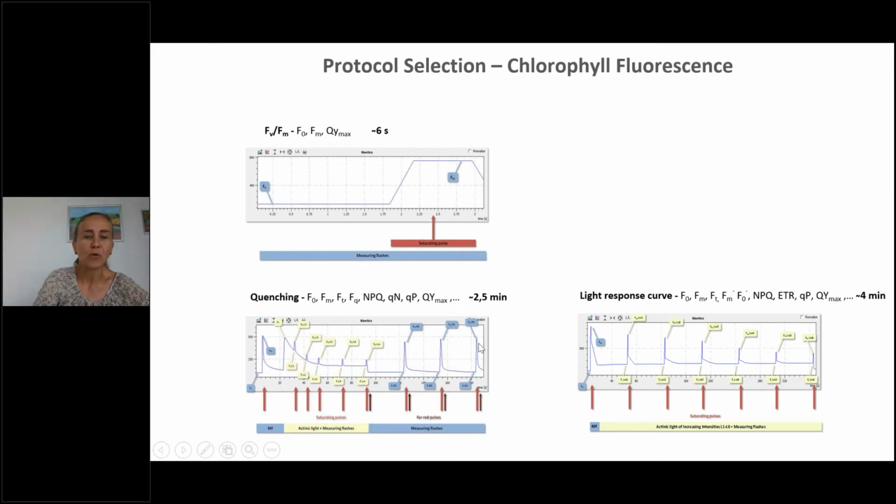The fastest setup we can do for this type of protocol is in the range of 2.5 minutes, whereas for FV over FM, we need just a few seconds to perform the measurements.